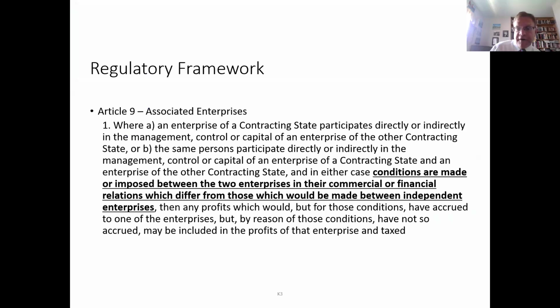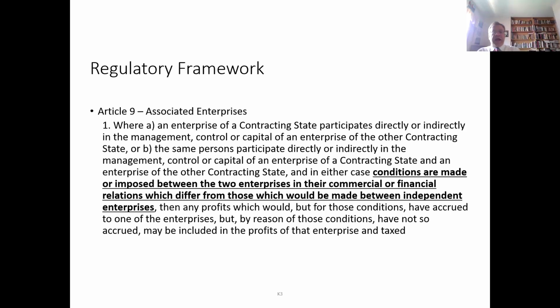The regulatory framework, and the bit that is important, is if conditions are made or imposed between two enterprises in their commercial or financial relations which differ from those that would be made between independent enterprises. So if I sell my goods from the UK too cheaply to my French sister company, then there is a transfer of value to the French sister company, and HMRC may say that actually there needs to be a transfer pricing adjustment.